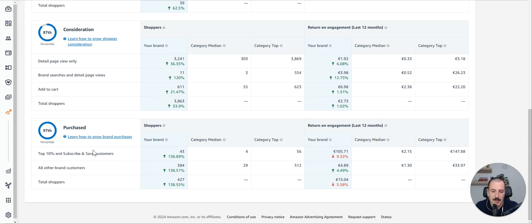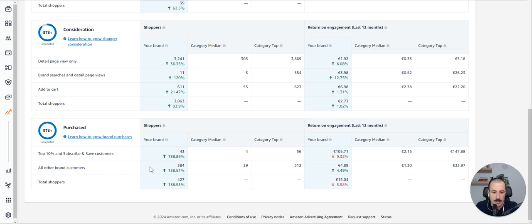But if I'm not mistaken, you can go ahead and explore that. These are the top 10% of users who are driving sales in your category historically, those who are spending the most and are willing to use subscribe and save. So I think that's how many of those you manage to capture in the purchase part of the funnel.